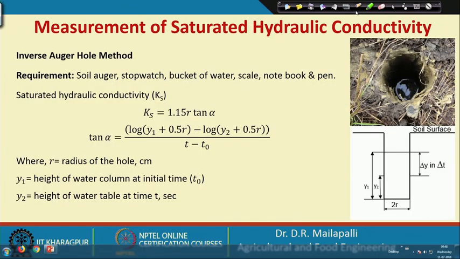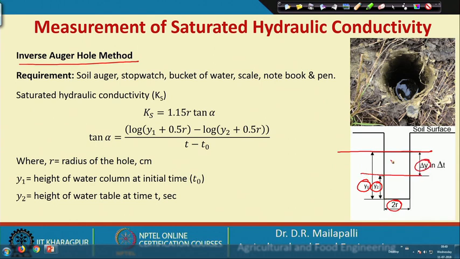The other way to measure saturated hydraulic conductivity is the inverse auger hole method. In the field you make a straight hole which has a diameter 2r, and you put water in it. Let it saturate completely, so the media is completely saturated, then after some time start the experiment. Initially you fill the hole with water to level y 1, and then after some time note down the next depth y 2.